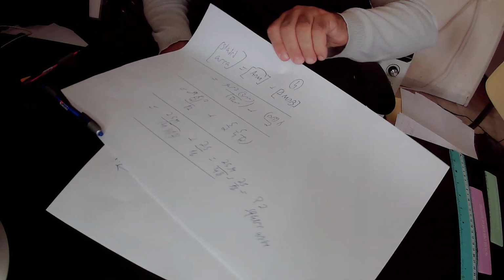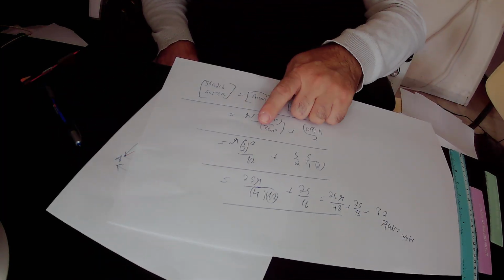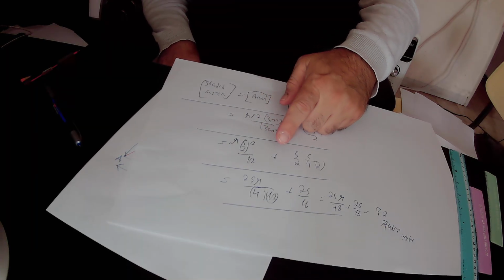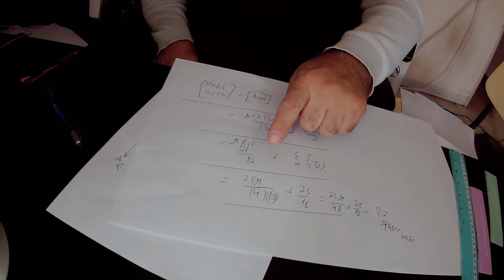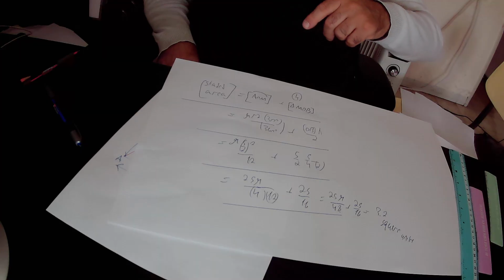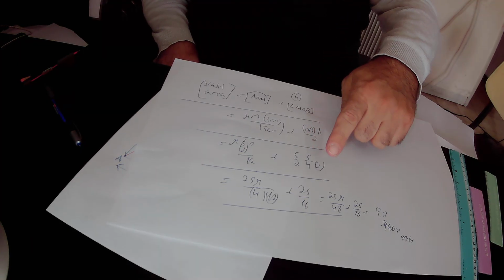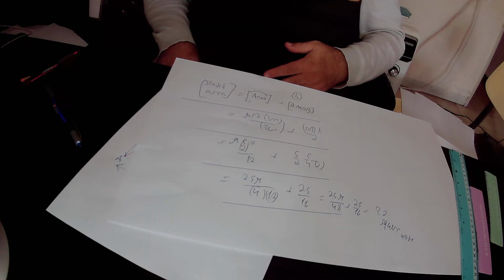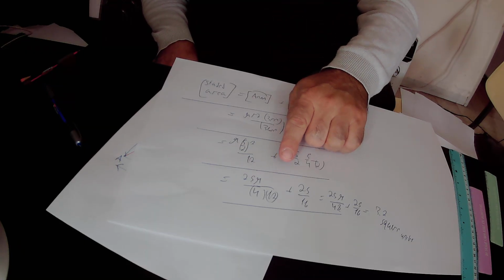So we have pi times 5 squared, that is 25, over 2 squared, that is 4, divided by 12. Here 5 times 5 is 25, 2 times 2 is 4, and 4 times 12 is 48.